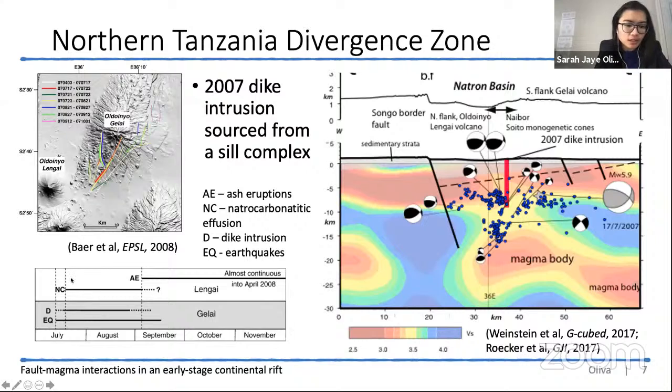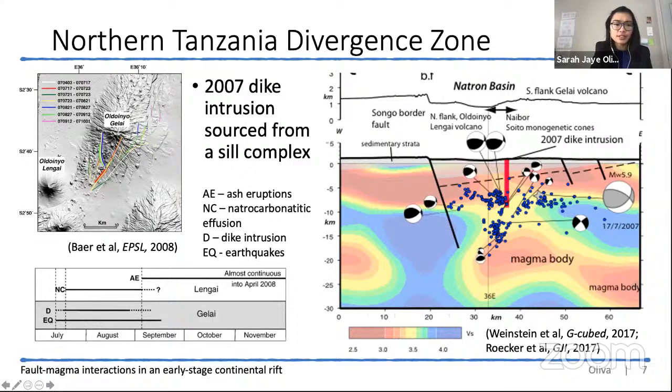And this diking intrusion was accompanied, here's a timeline, by a swarm of earthquakes and effusion at Lengai, which later transitioned into ash eruptions. And so diking here and eruption here makes us think that there's probably some sort of stress interaction in this system.